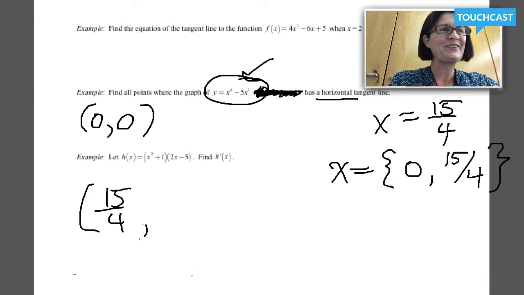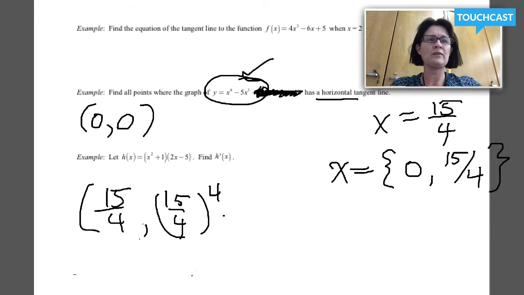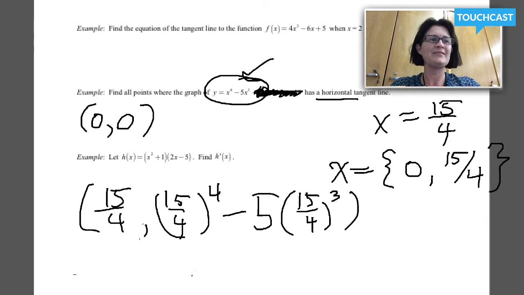Give me 1 second while I do all this algebra. I've decided this is a good time to remind you that on the AP test, your answers don't have to be simplified. So I present to you my second ordered pair: 15/4, comma, 15/4 to the 4th minus 5 times 15/4 cubed.